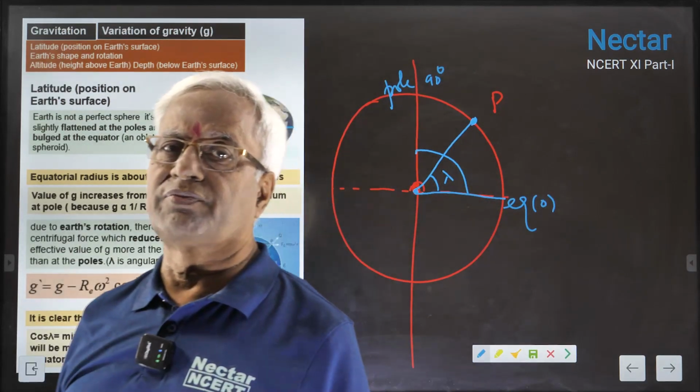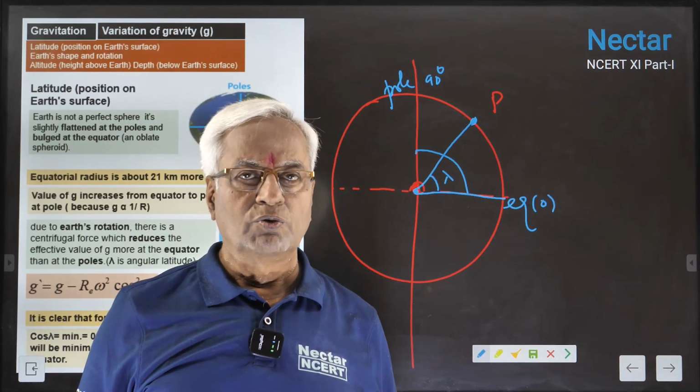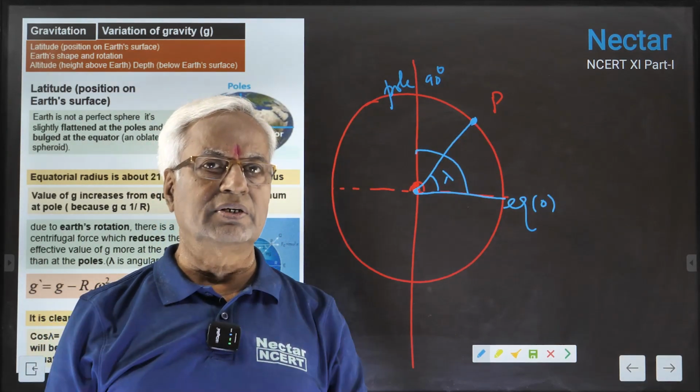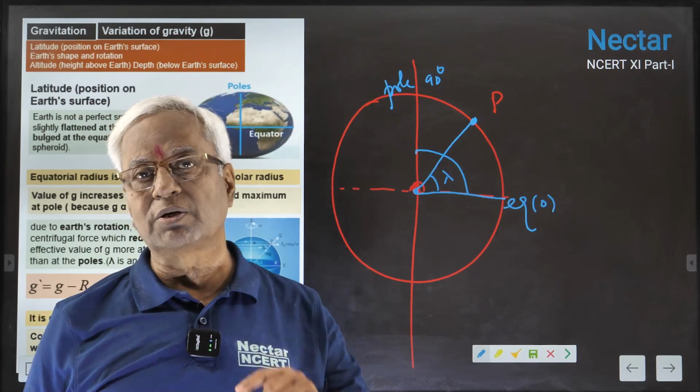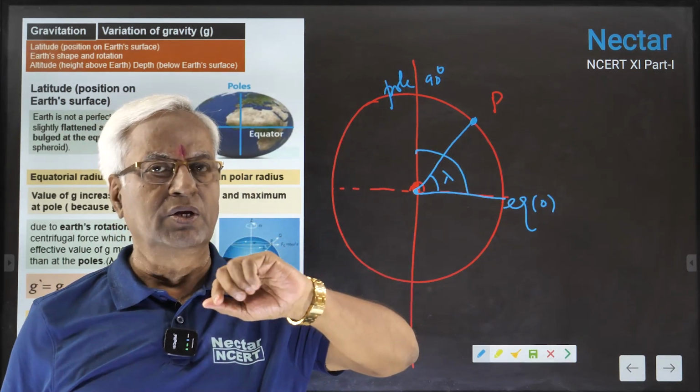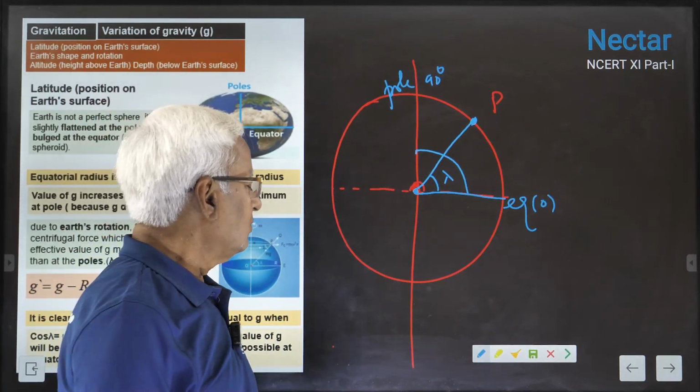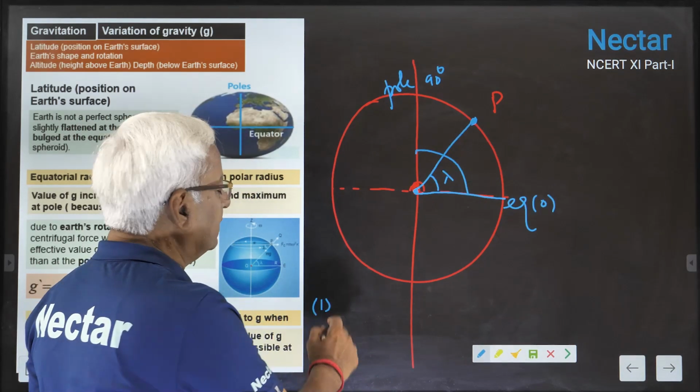g changes on the surface because of two reasons. One is the unsymmetric size of the Earth and the other is the rotation of the Earth around its own axis. Now, first, the change in size of the Earth.